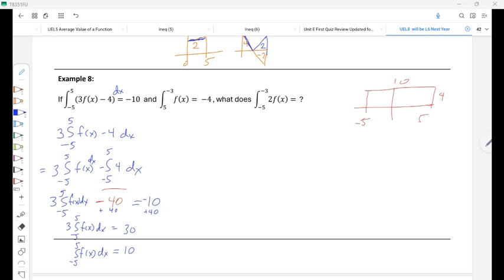Okay. So we now know that the full area of just the function itself, f of x, is 10. So we can use probably an adjacent situation here.